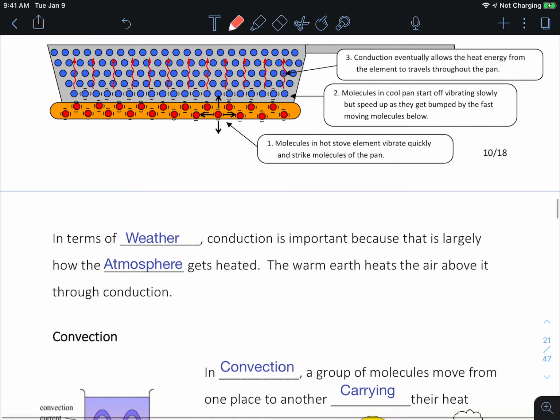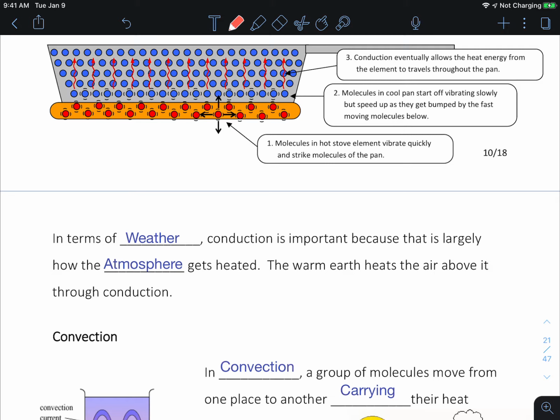In terms of weather, conduction is important because this is largely how the atmosphere gets heated. The warm earth heats the air above it through conduction. So at the interface where the very hot ground, the ground that absorbs all this energy from the sun, heats up, that hot ground is touching the air molecules just above it.